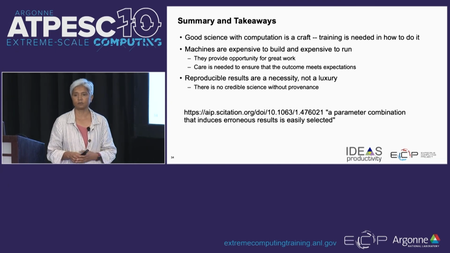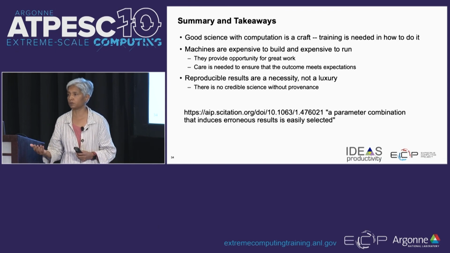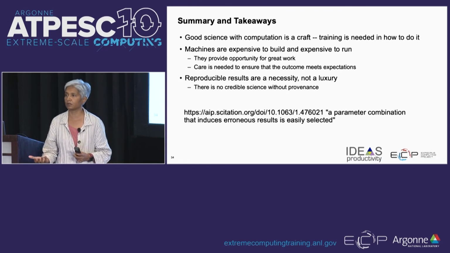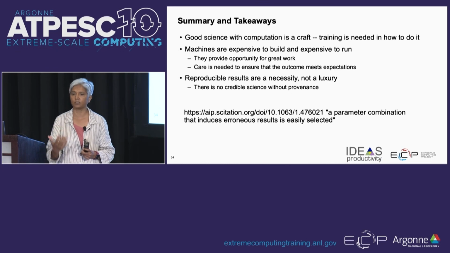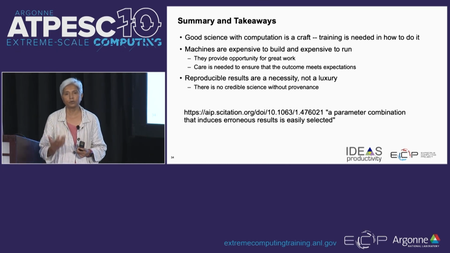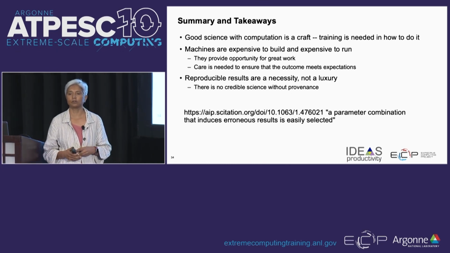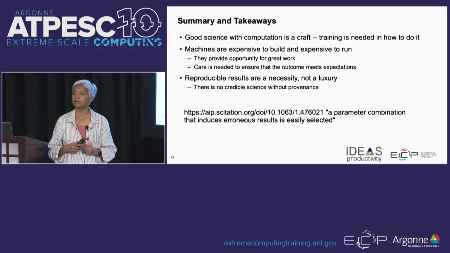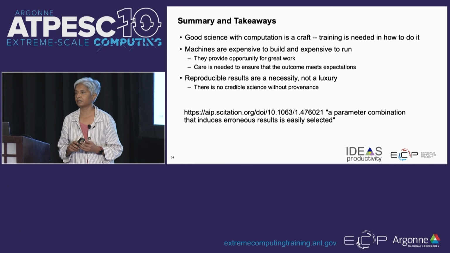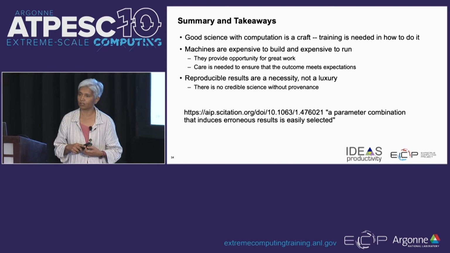The machines are expensive to build and run, and so while they provide great opportunity to work, they also give you a great deal of responsibility to make sure that you are doing everything possible to meet expectations. And reproducible results in science are a necessity, not a luxury.